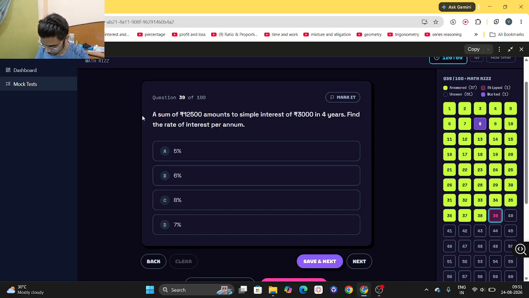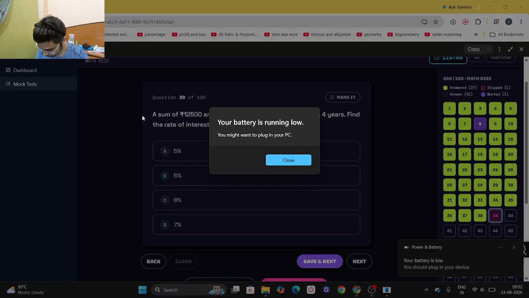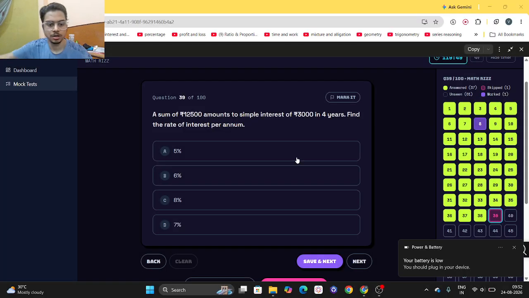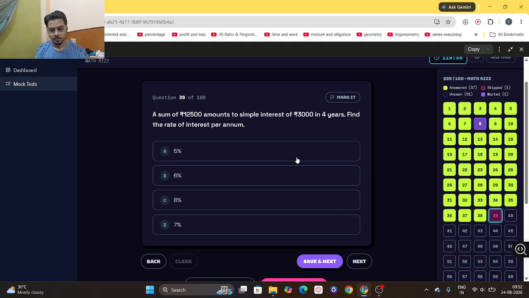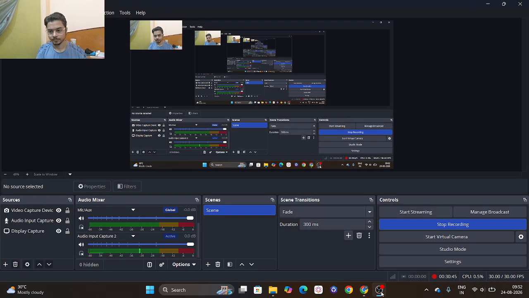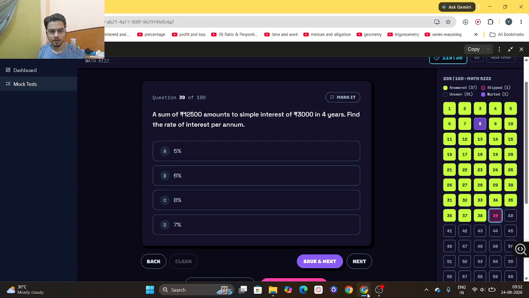Now 3000 upon 125 into 4 is equal to R, which is 6%.